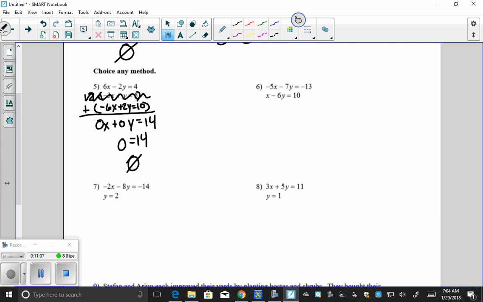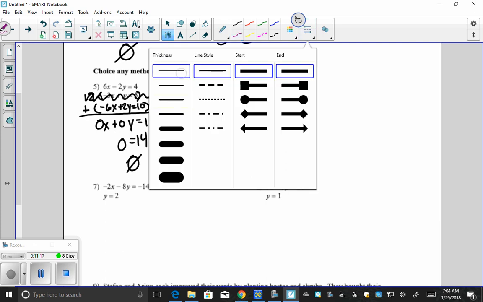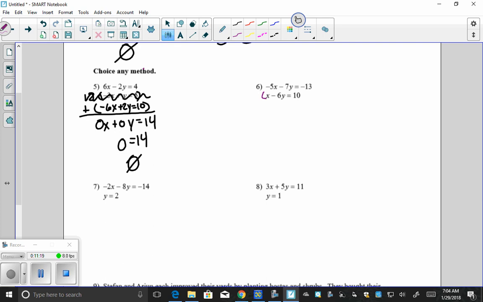Number 6. Here again, my variables are lined up, but I don't have the same number. But that's an easy fix. So I'm just going to multiply my bottom equation by 5 so that it gets same numbers. So I do 5x minus 30y equals 50.